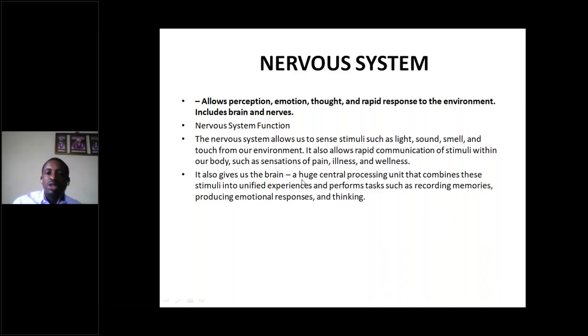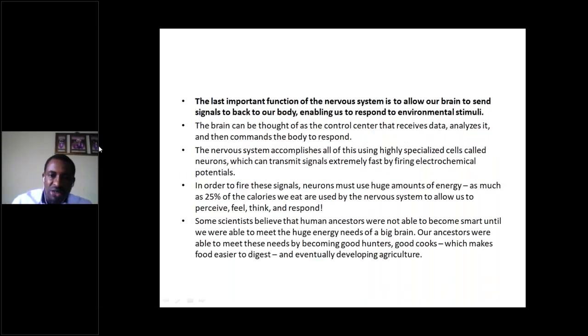So it gives us a huge central processing system that combines all these stimuli from experiences, then tags, it records the memory, it produces emotional response, it decodes and encodes, it thinks, it sends signals, then the human body takes action. Another important thing is that it allows our brain to send signals back to our body and enable us to respond to the environment.